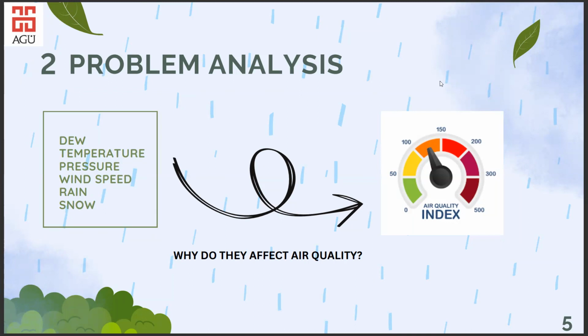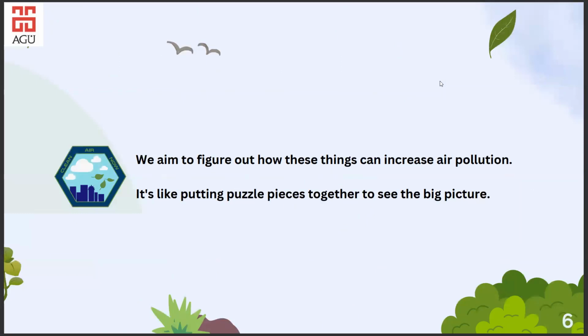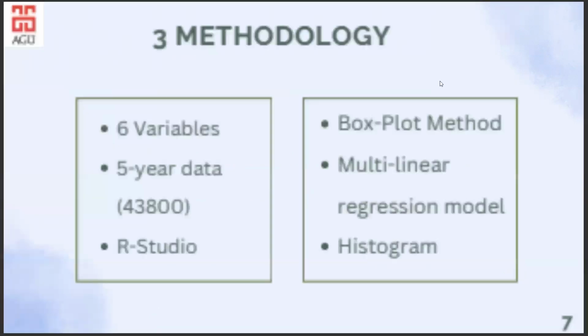The challenge is to identify the connections between them and explain their cumulative effects on air pollution levels. We aim to figure out how these things can increase air pollution. It's like putting puzzle pieces together to see the big picture. Basically, our project tries to understand the air pollution problem in China by widely analyzing the multiple effects of them.